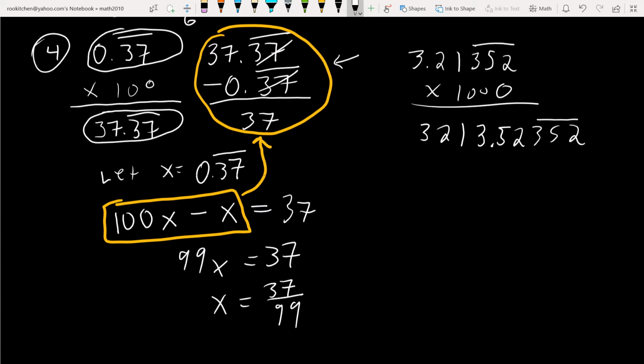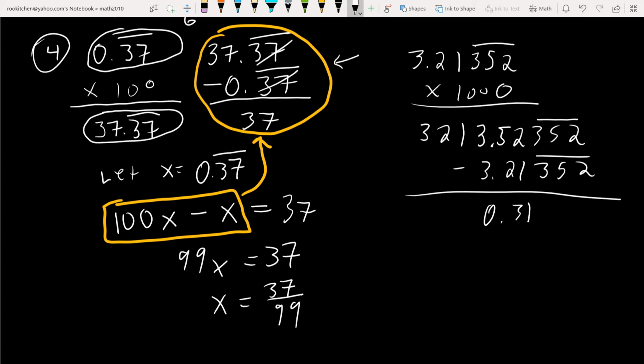And then you could subtract away the 3.21352, and you get what you get then. So this would be 3210.31, and you could go from there, right?